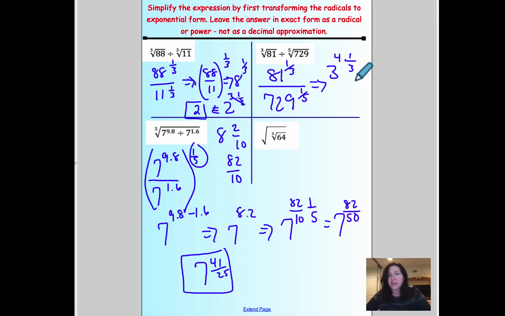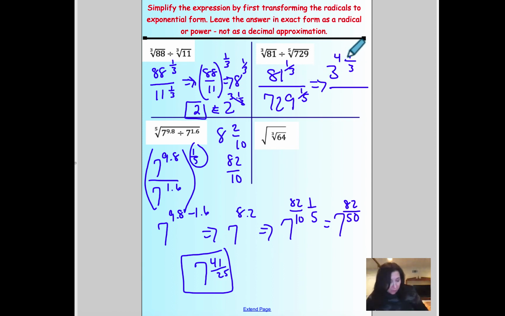The 3's didn't completely cancel, so I want to get something that has a common base. This right here is fine, you get 3 to the 4/3 power. Let's just leave it for a second and see what happens.